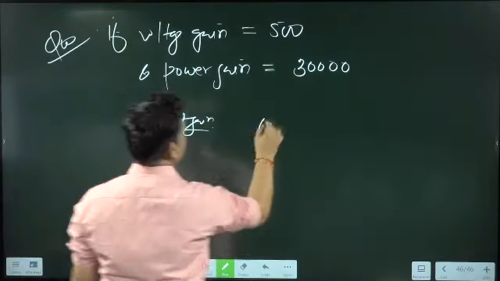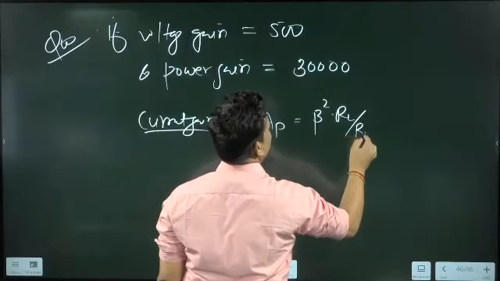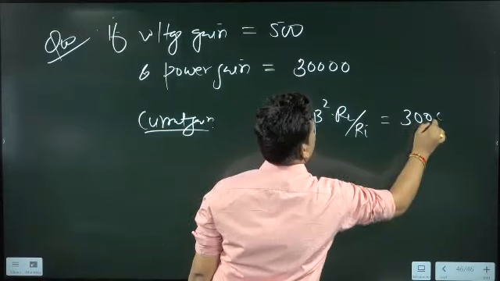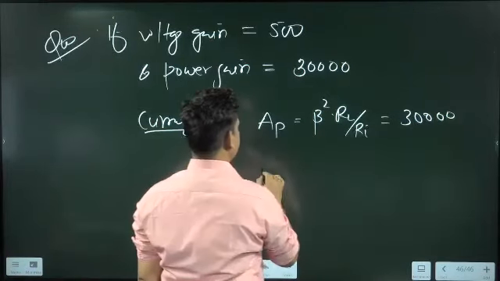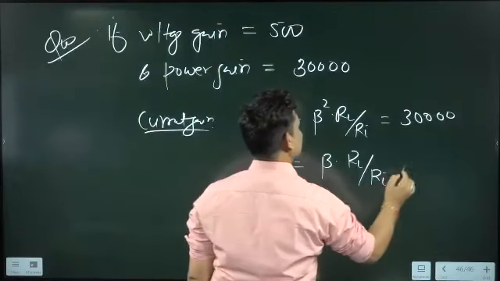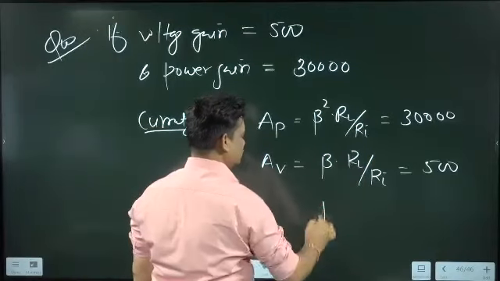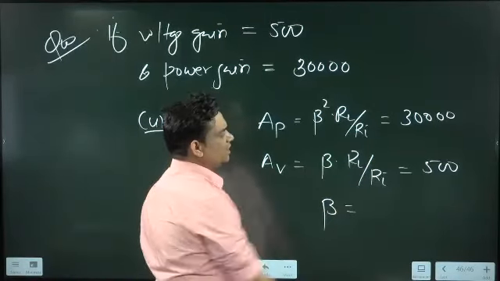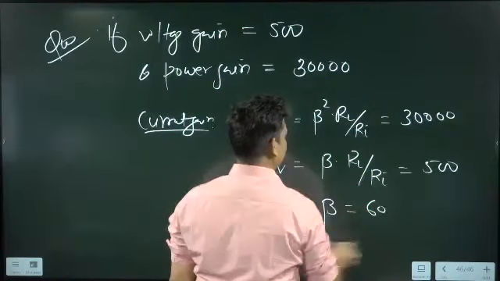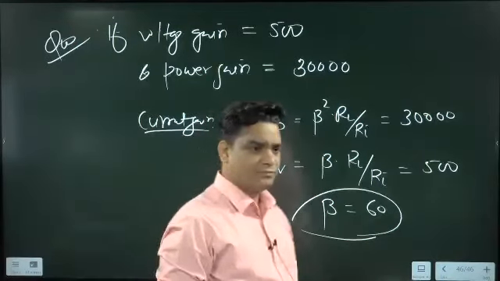Yes, you can say AP is beta square into RL by RI, that is 30,000, and then AV is basically beta into RL by RI, that is 500. Now if you divide, RL is cancelled, beta equal to how much? The answer is 60, and not 6, 60 is coming now.